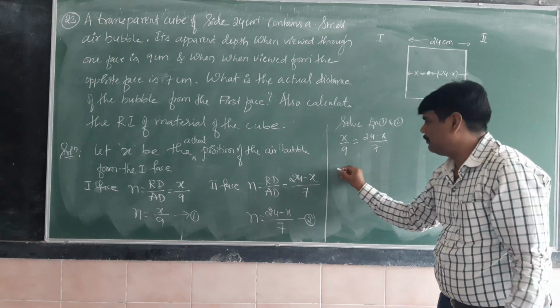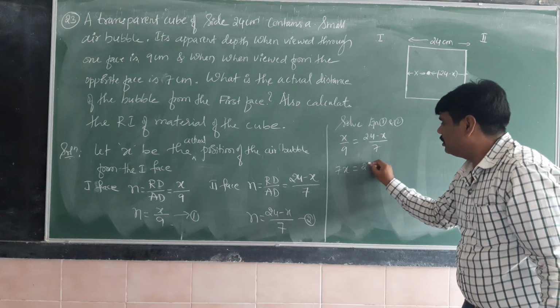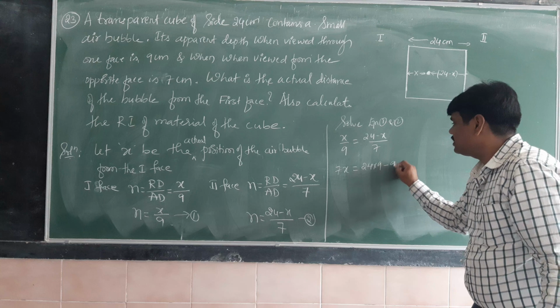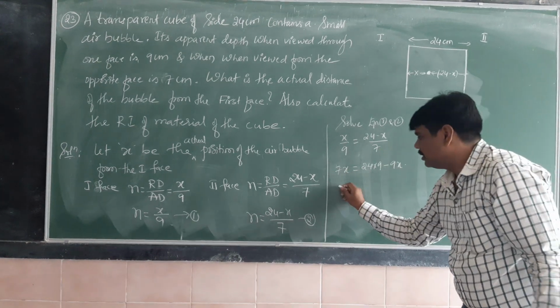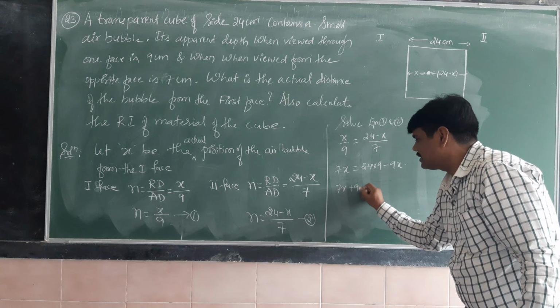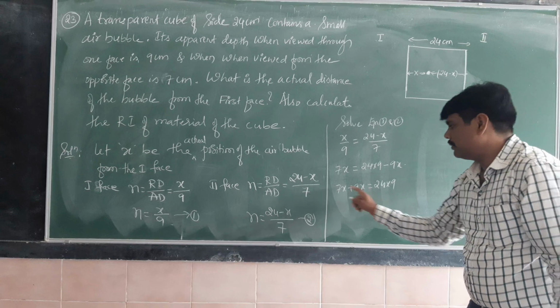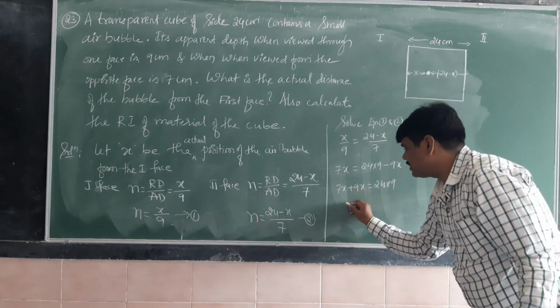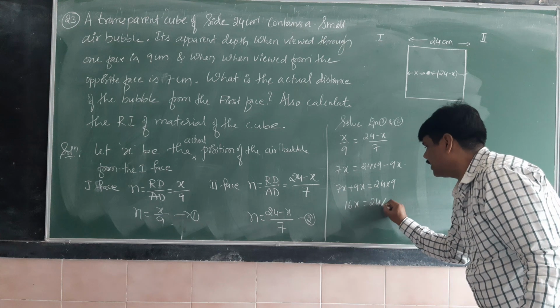You take the cross multiplication. 7x is equal to 24 into 9 minus 9x. Isn't it? So transfer 9x to that side. 7x plus 9x is equal to 24 into 9. So 7x plus 9x is 16x, equal to 24 into 9.